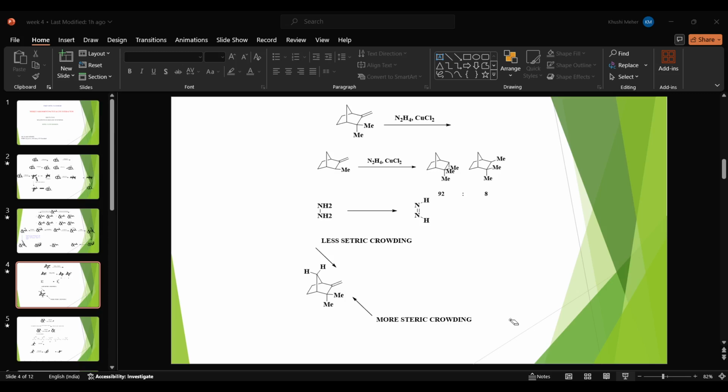Then what will be the relation between P and Q? I will show the structure also. Don't worry, I will show the structure, whatever the final product you will get. Okay, these are the structures.